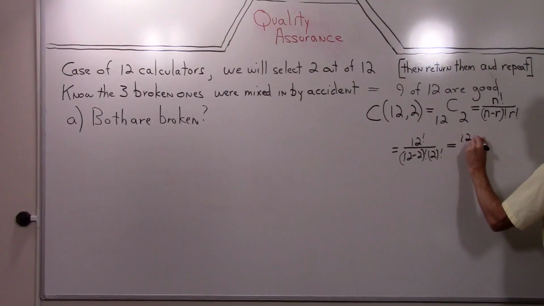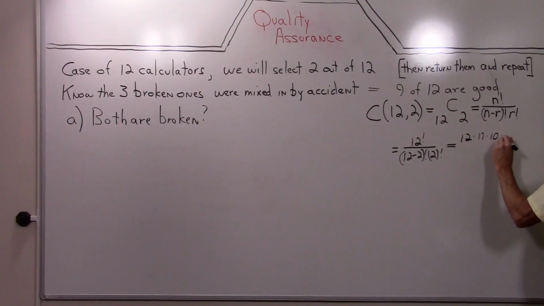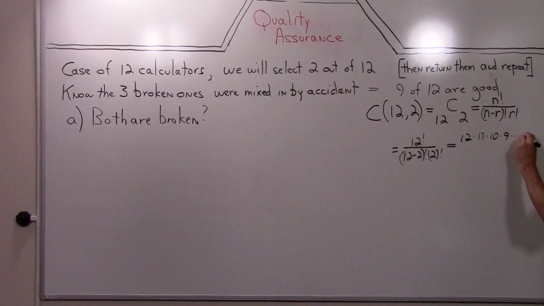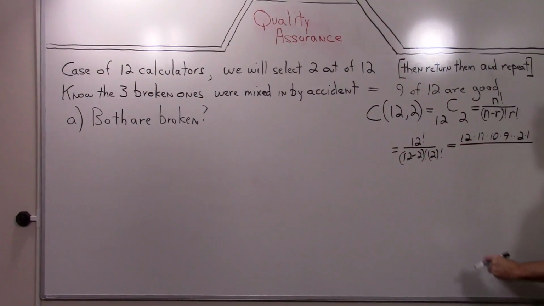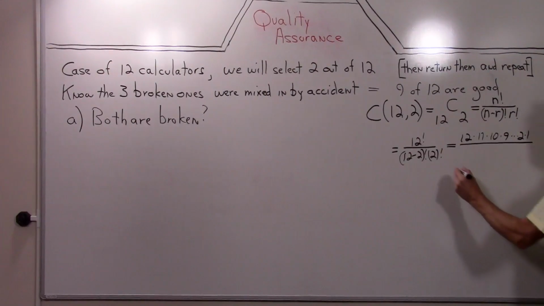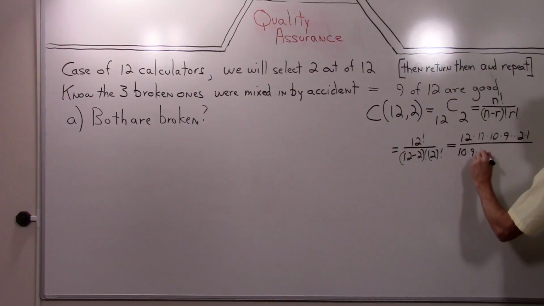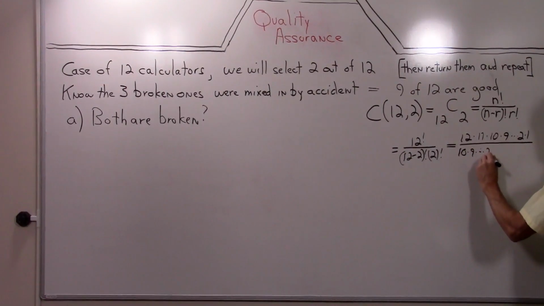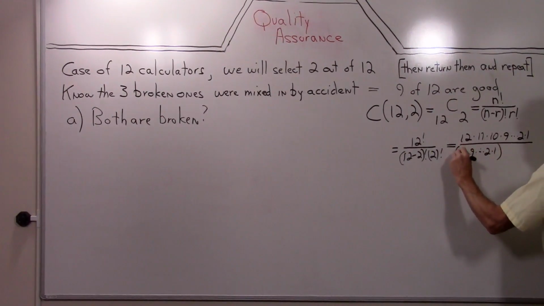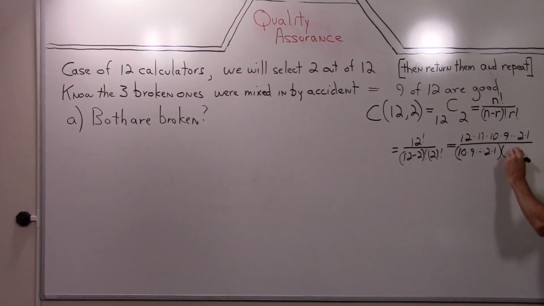So this will be 12 times 11 times 10 times 9 times 8 times 7 times 6 times 5 times 4 times 3 times 2 times 1. This one will be 12 minus 2, that would be 10. So 10 factorial: 10 times 9 times 8 times 7 dot, dot, dot times 2 times 1, times 2 factorial, which is 2 times 1.